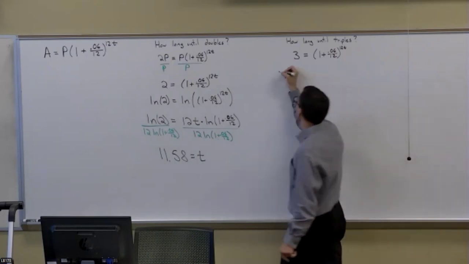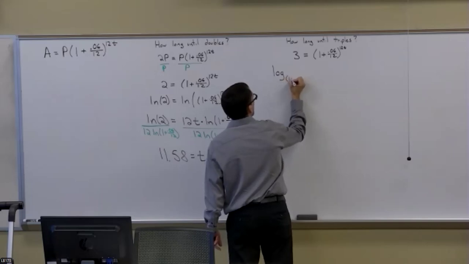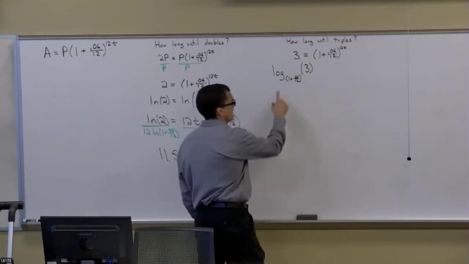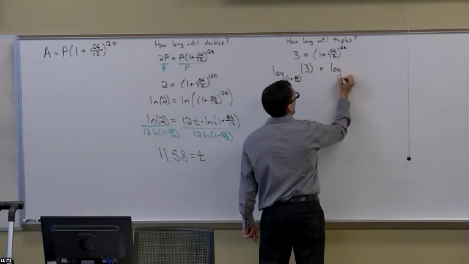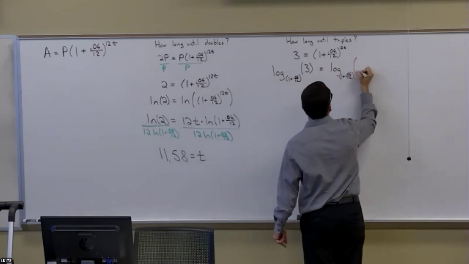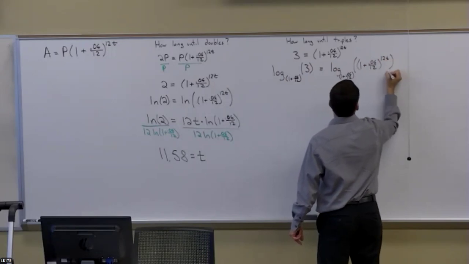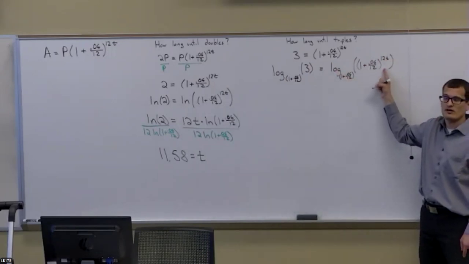So I'll take log with base 1 plus 0.06 over 12, that ugly base, and apply that to 3, which is equal to log of that ugly base applied to the right-hand side. But log of this ugly base applied to the right-hand side just becomes a 12t.